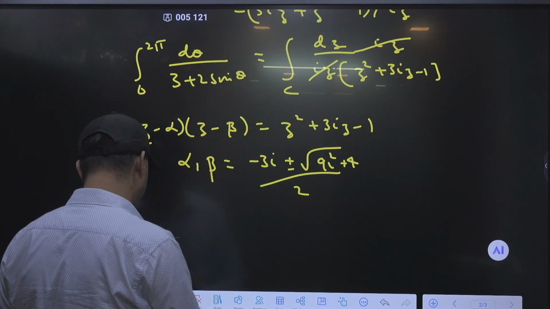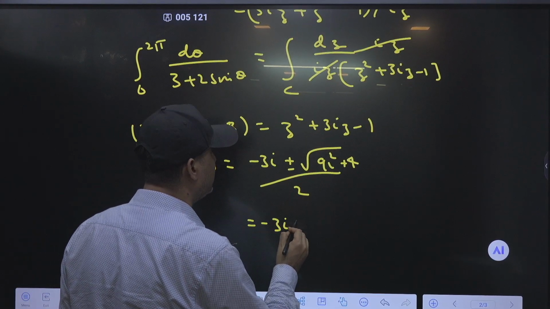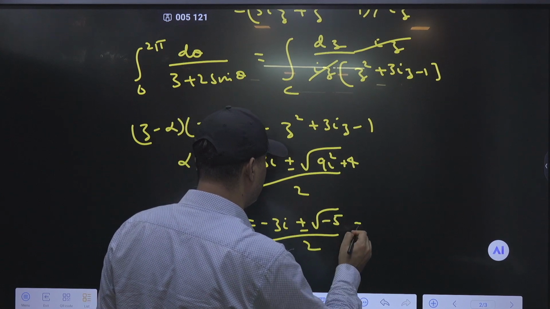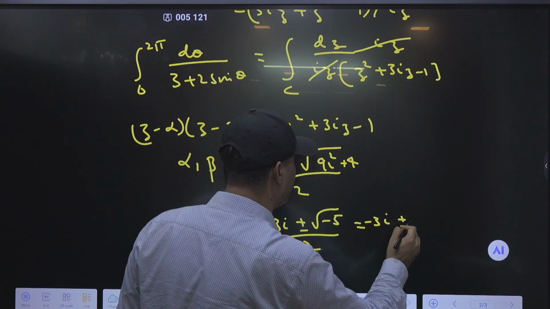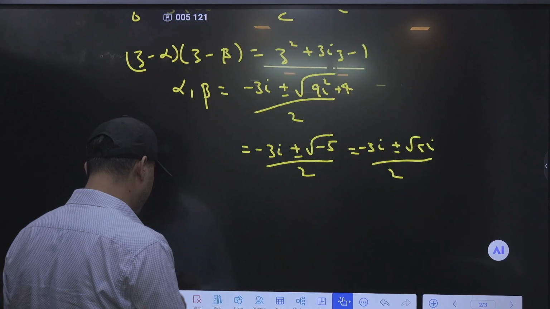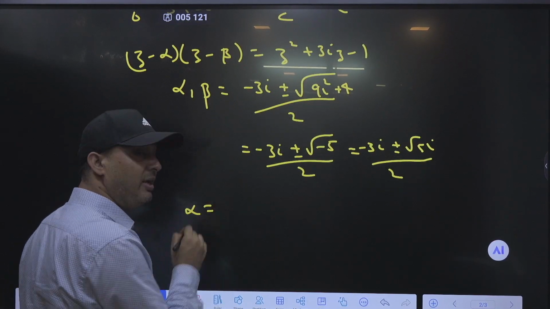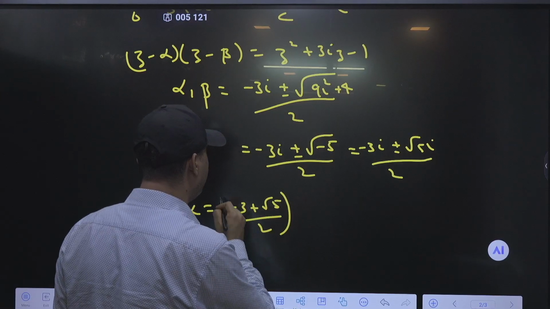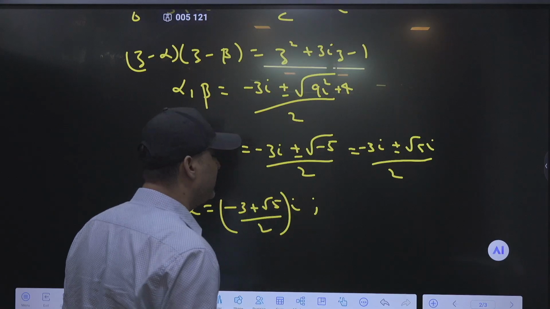So this is nothing but minus 3i plus minus root of minus 5 upon 2. So this is minus 3i plus minus root 5 i upon 2. So alpha and beta values are found out. So alpha value is minus 3 plus root 5 upon 2 i. Now this is lying completely on the imaginary axis, alpha and beta.